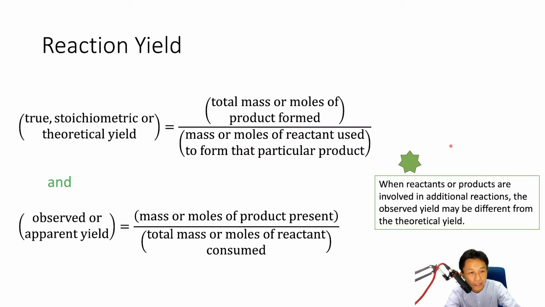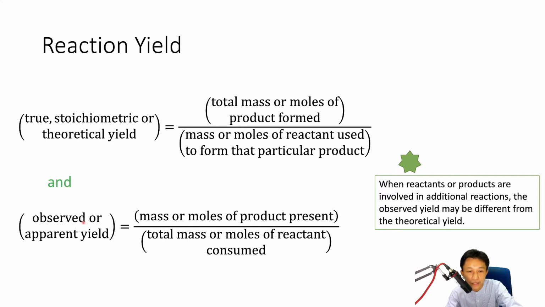We talk about the yield. True yield, the stoichiometric or theoretical yield, is the total mass or moles of product formed divided by the reactant used to form that particular product. This is the theoretical yield.